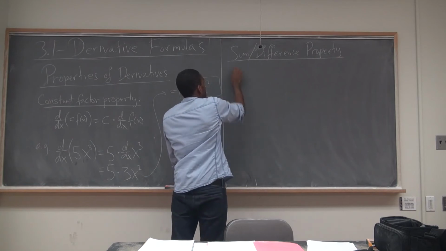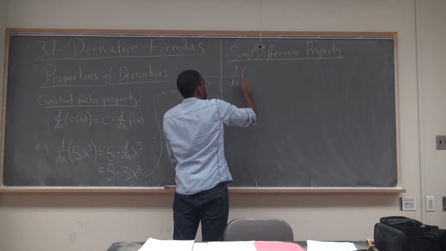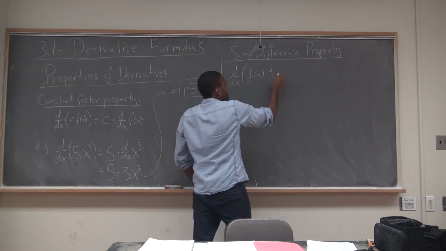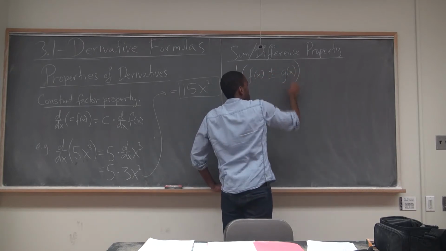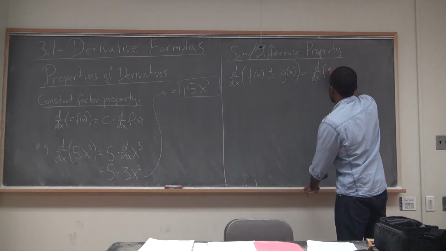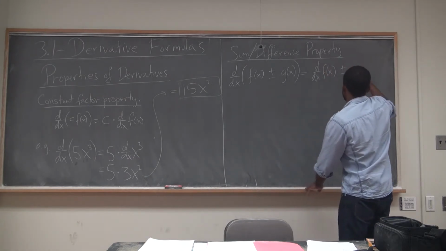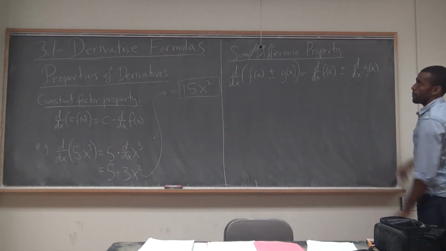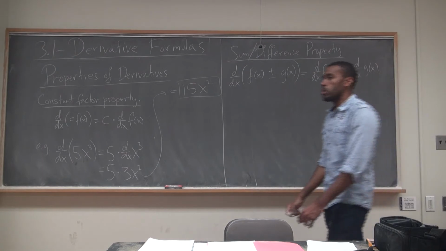This means if I take the derivative of the sum or the difference of two functions, then the answer is the sum or difference of the derivatives of the original functions individually. This is called the sum difference rule.